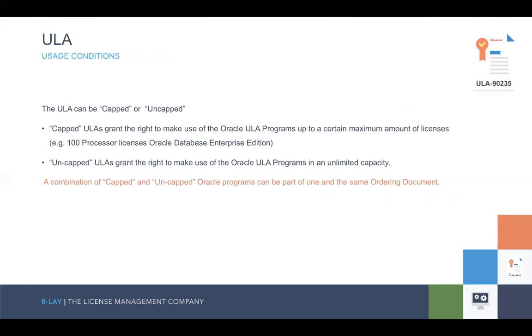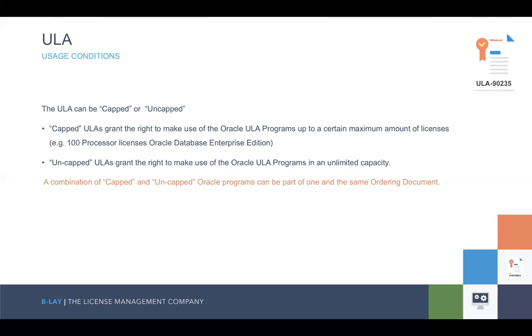Now, like I said in the beginning, apart from that product condition, which can be restricted to a limited amount of products, you also have a condition in which the number of licenses that you're allowed to use is capped to a certain maximum. Like I said, 100 processors of Oracle Database Enterprise Edition. But only if you have a so-called uncapped ULA, in which you have the real unlimited deployment rights to make use of an unlimited amount of installations of those specific programs, would you typically start talking about a real unlimited license agreement.